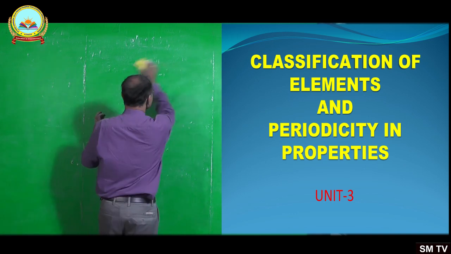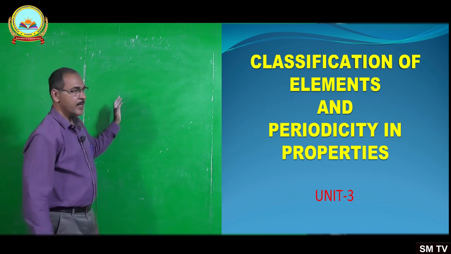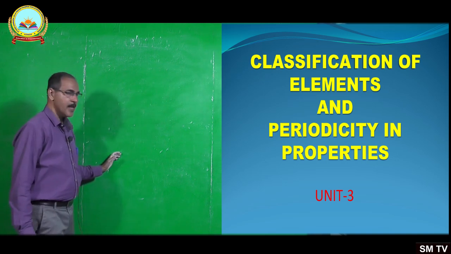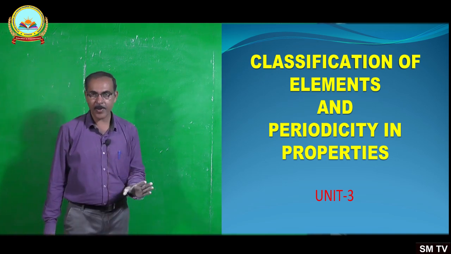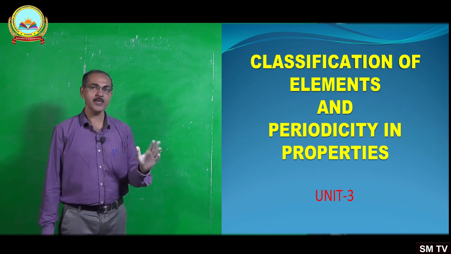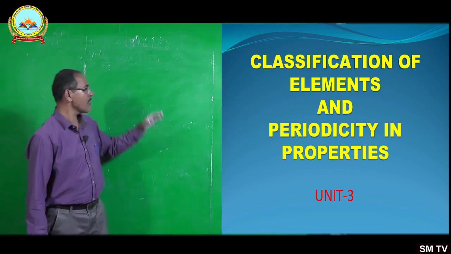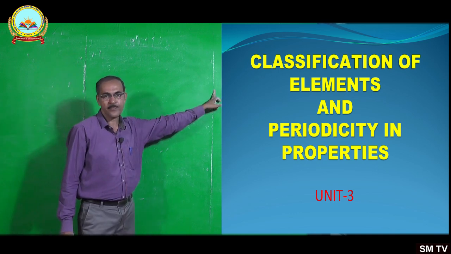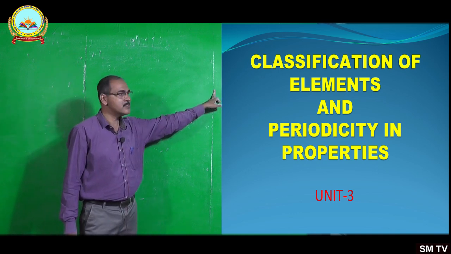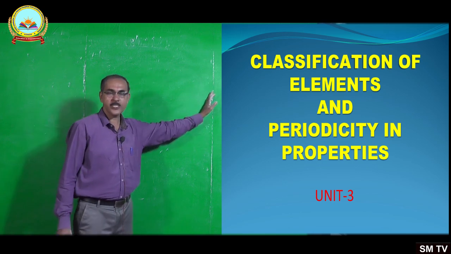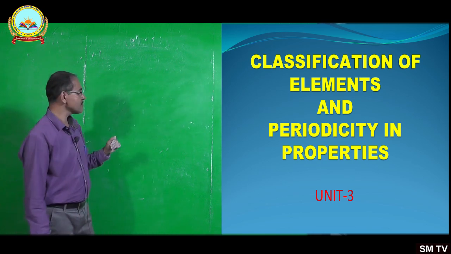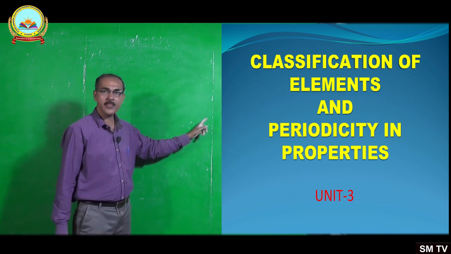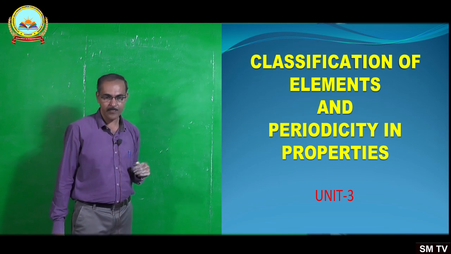Later we discussed today's concepts, electron gain enthalpy and then electronegativity. You remember the trend is the same except for atomic radius. Across the period, ionization enthalpy increases, electronegativity increases, and electron gain enthalpy becomes more negative.